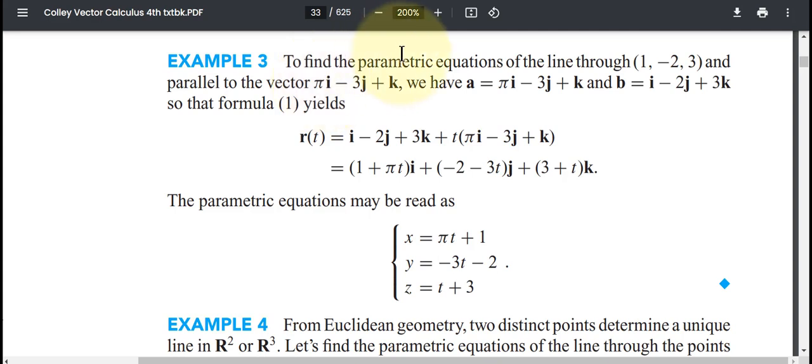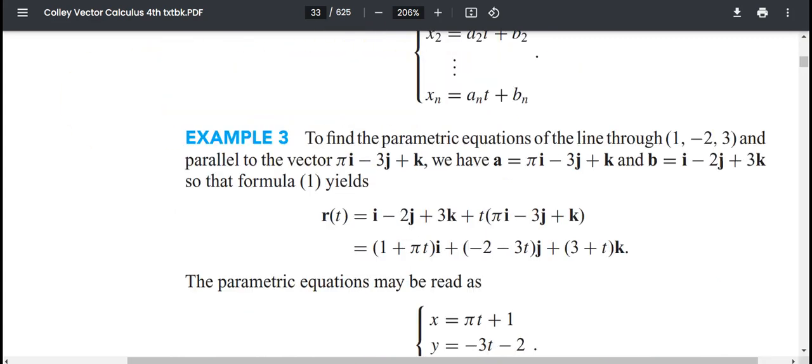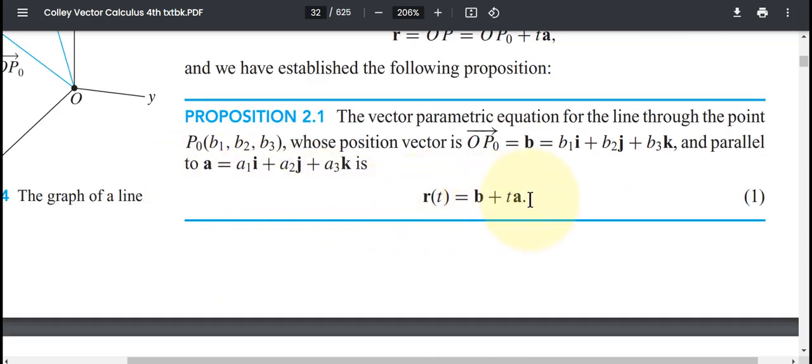Okay, so again, we're given a point that our line goes through, and we want the line to be parallel to some vector. In this case, it's this vector. So to get the vector parametric equation is probably not too hard. Remember that the vector parametric equation just looks like this, where we're given some constant, some point that it goes through, and some vector that it's parallel to.